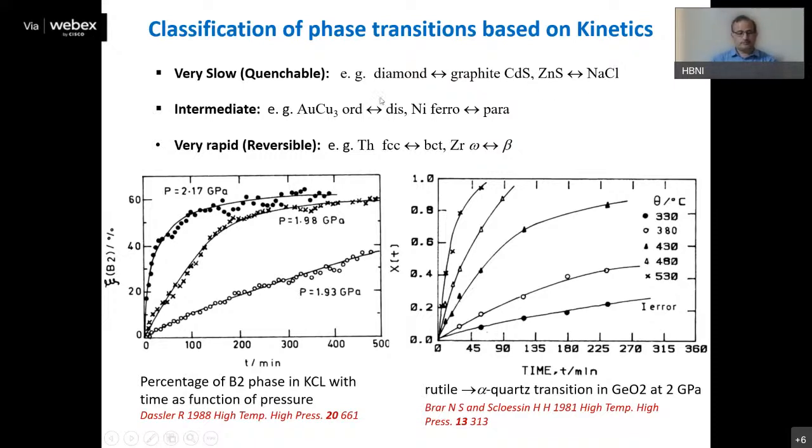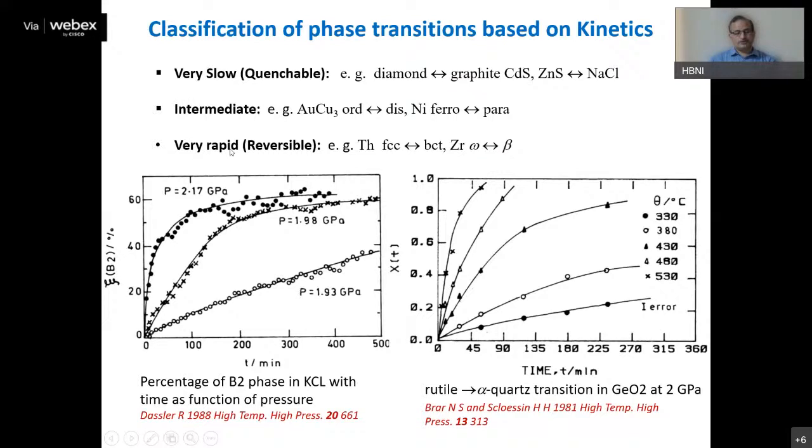These are very slow. Or there can be intermediate kinetics, for example, in AuCu3, this order-disorder phase transition. And there can be very rapid phase transitions, for example, FCC to BCT transition in thorium, omega to beta transition in zirconium.